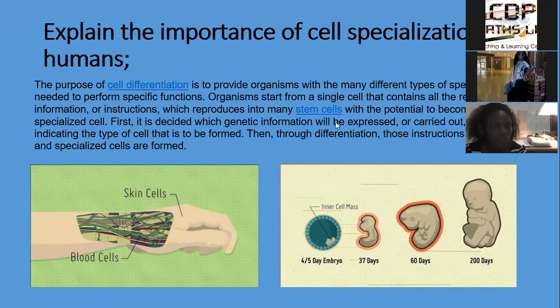First, it is decided which genetic information will be expressed, then the instructions are carried out, therefore indicating the type of cell that is to be formed. Then through differentiation, those instructions are carried out and specialized cells are formed.